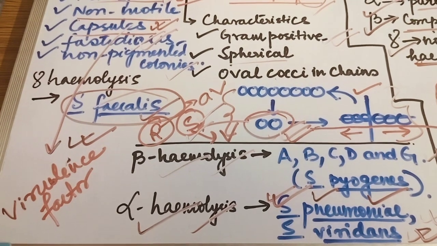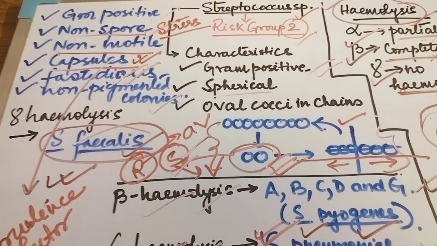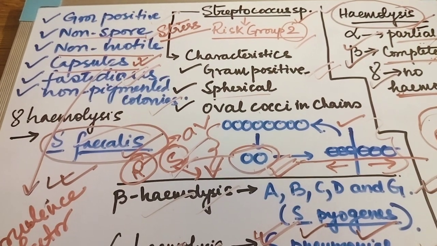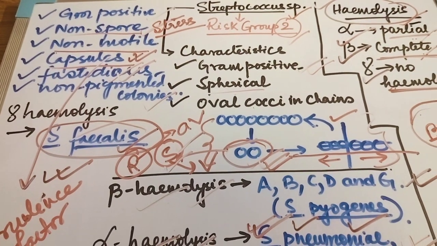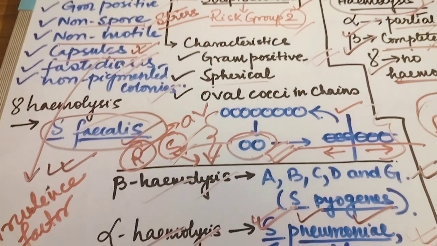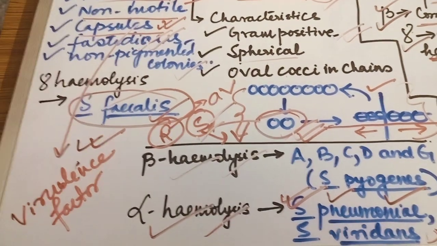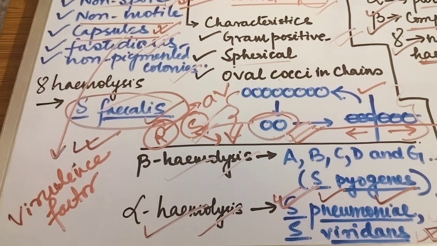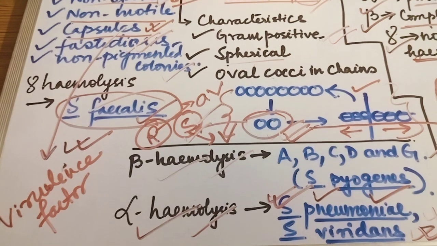So S. fecalis, right? And further, if we go into the other characteristics of Streptococcus, it comprises non-spore formers, so they cannot survive the stress, non-motile, they do not have any motile appendages, they have capsules, which is a virulence factor which can result in the disease, and that's why elimination of this pathogen is a bit difficult, because the immune system takes a lot of time to eliminate and clear this pathogen from the system.